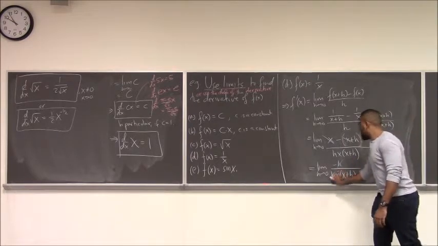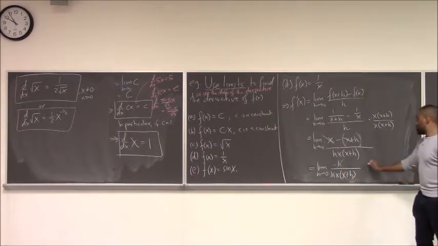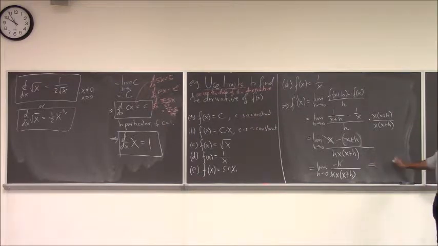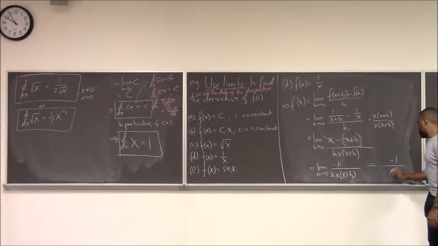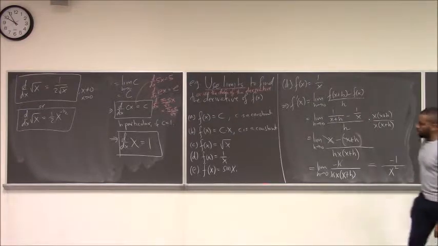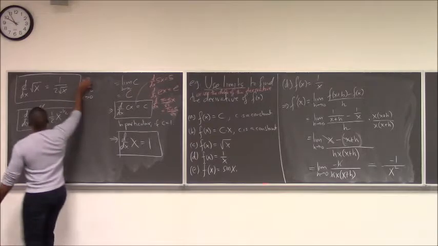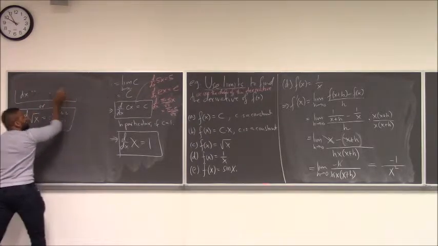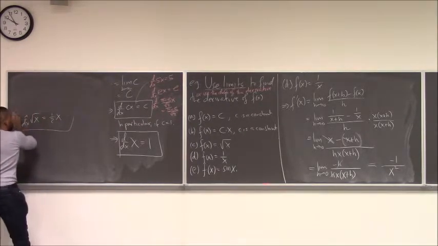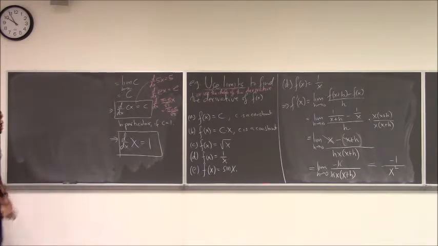Now the h is cancelled, and I can plug in h equals 0 in the denominator. So this will give us minus 1 over, well, it can be left over with x squared at that point. We'll take this to be another formula. It shows up often enough for us to just know what that is right off the bat, and you'll see as we move on in the semester, these are some very common functions to encounter.